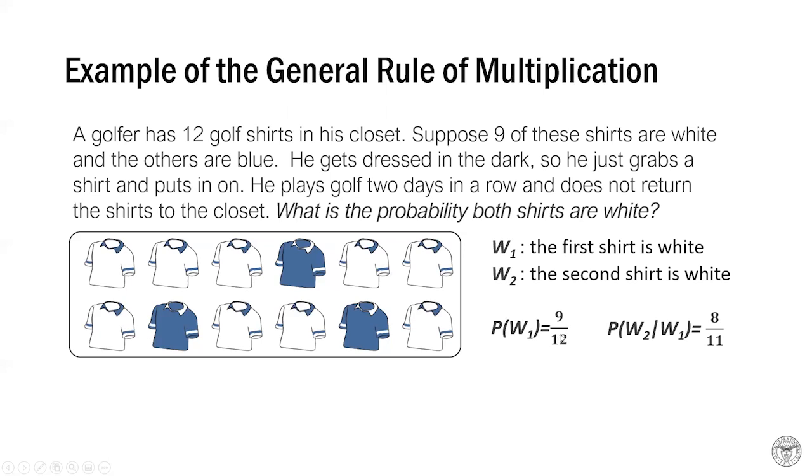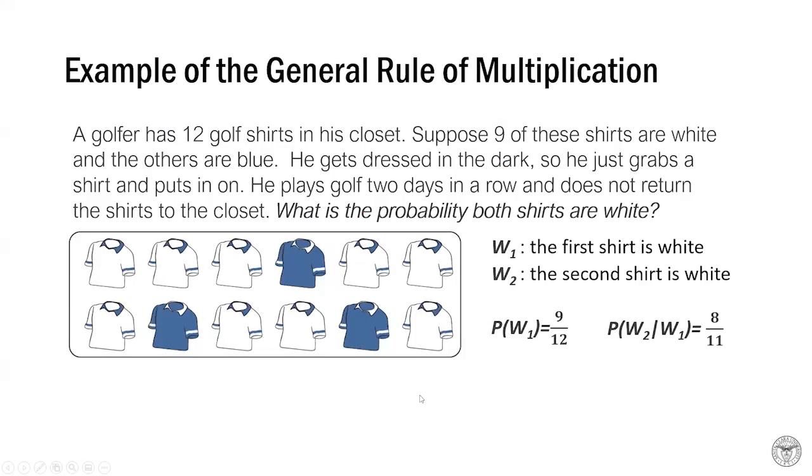If the first shirt is white, then there are 11 shirts left in the closet at the beginning of the second day. The chance that the second shirt is white too is given by 8 over 11.